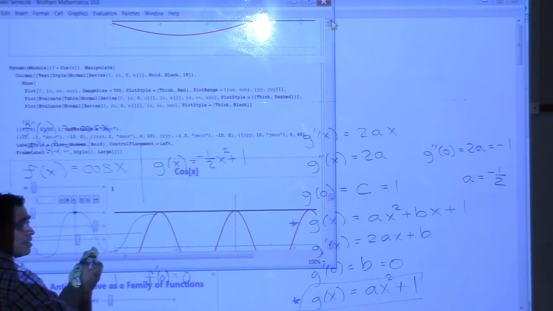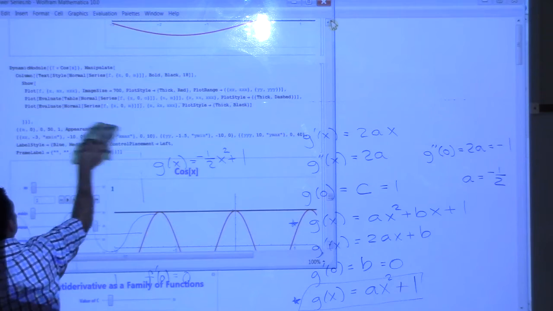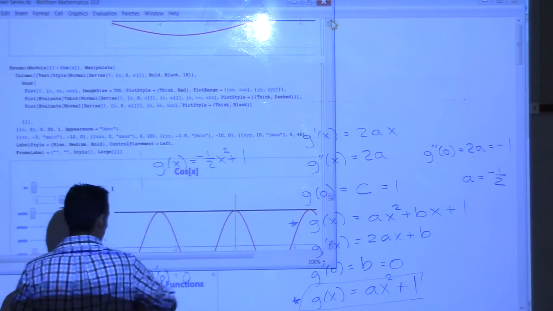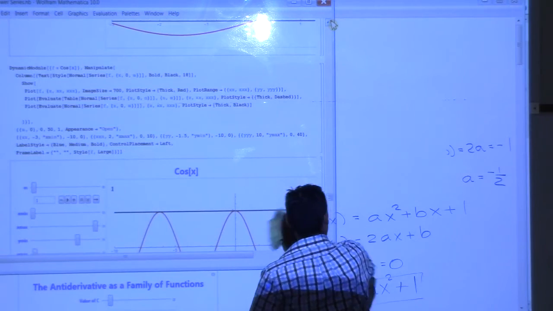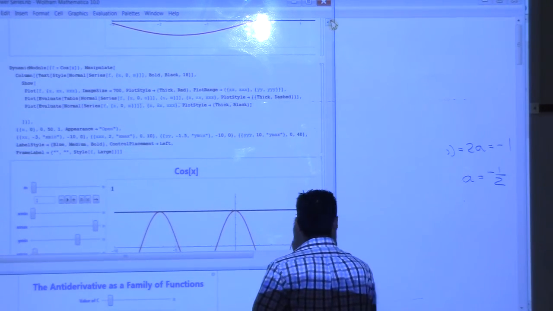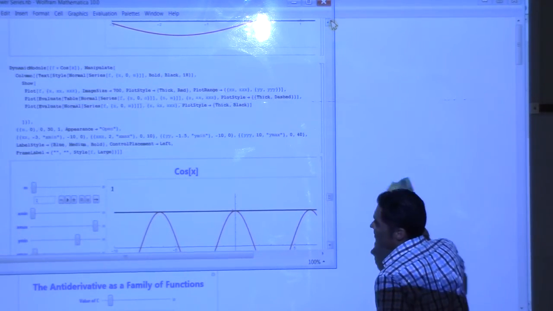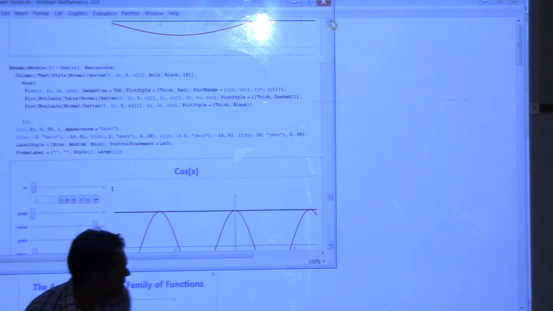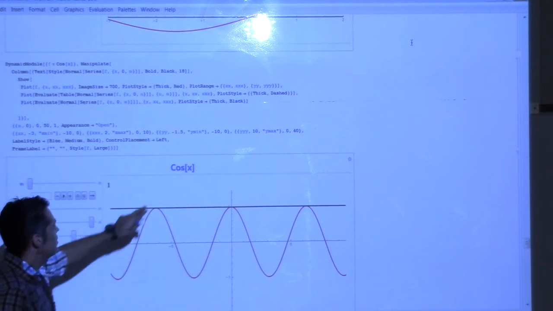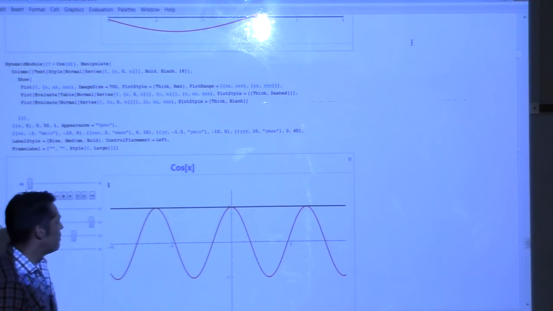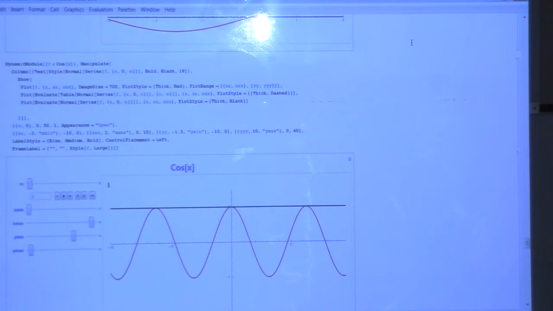Okay, you ready to see this? This is going to be pretty mind-blowing, I think, I hope. So what we're saying is that if I look at the cosine function and I try to approximate it with a quadratic, negative 1/2 x squared plus 1 should be decent, right?